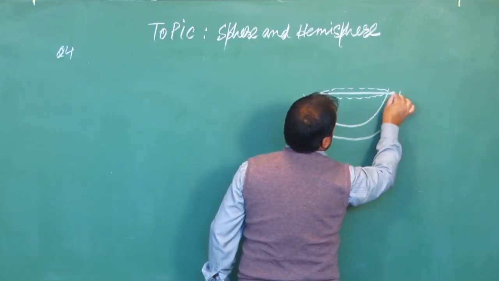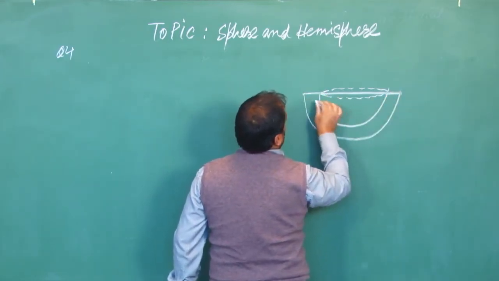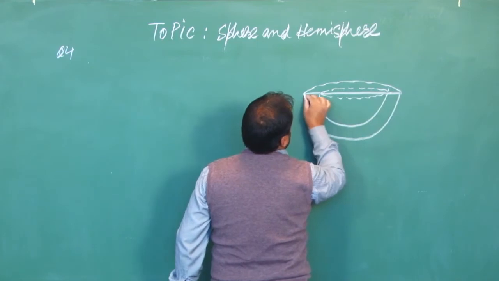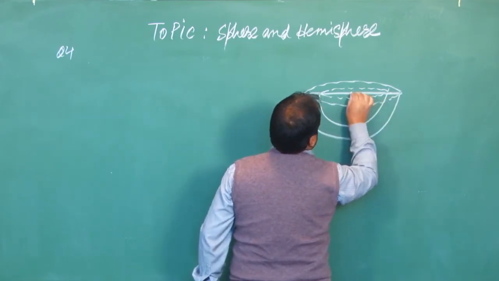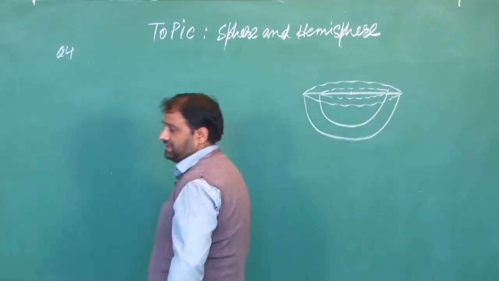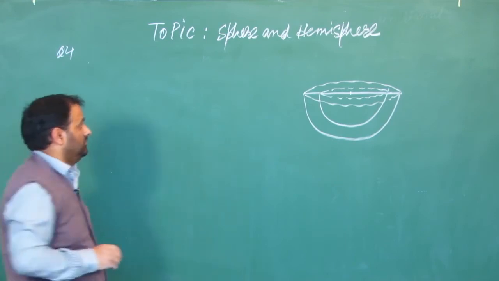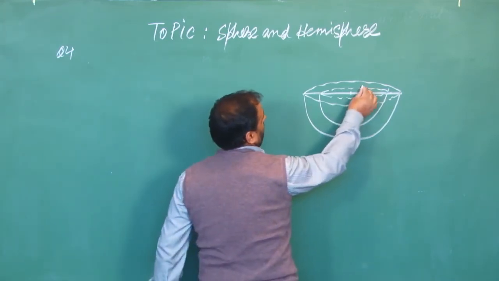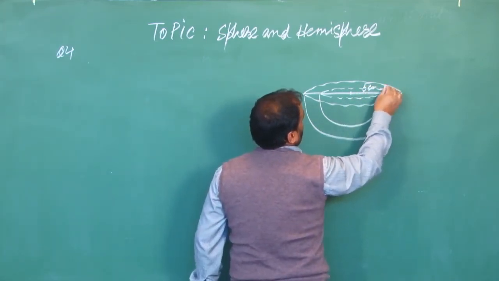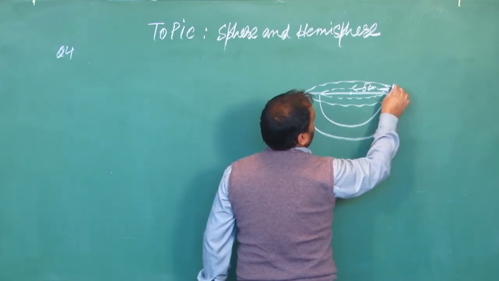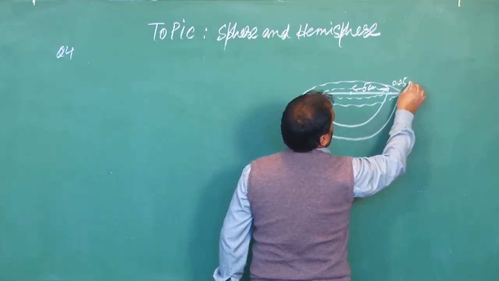So, its inner radius is 5 centimeter, and its thickness is 0.25 centimeter.